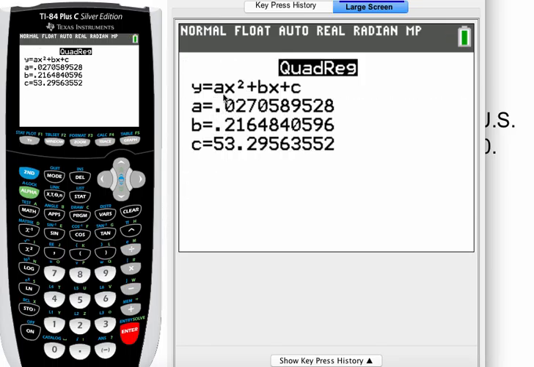Okay, so here's the equation. Remember the quadratic equation has y equals ax squared plus bx plus c, and the leading coefficient a is 0.027.